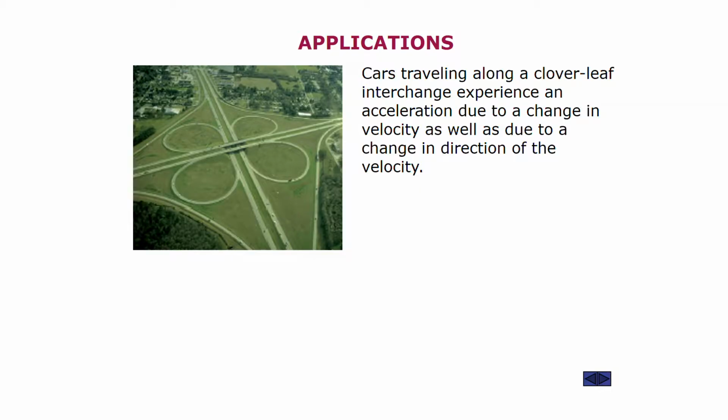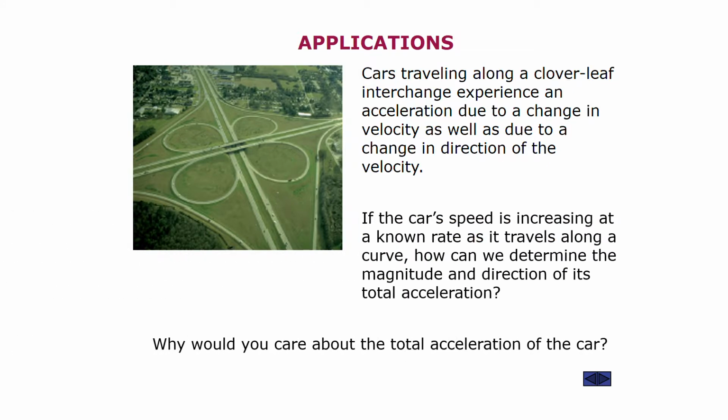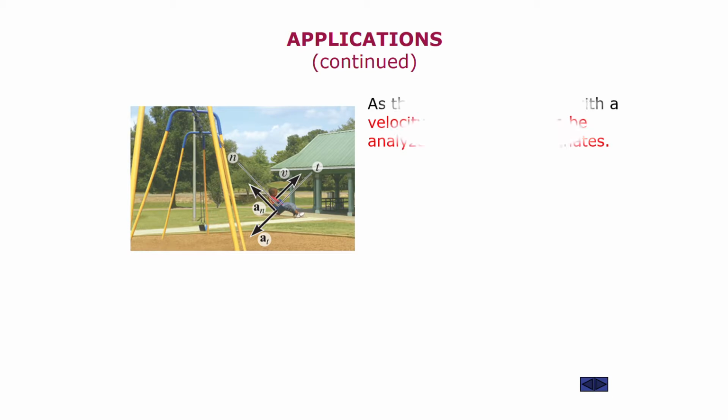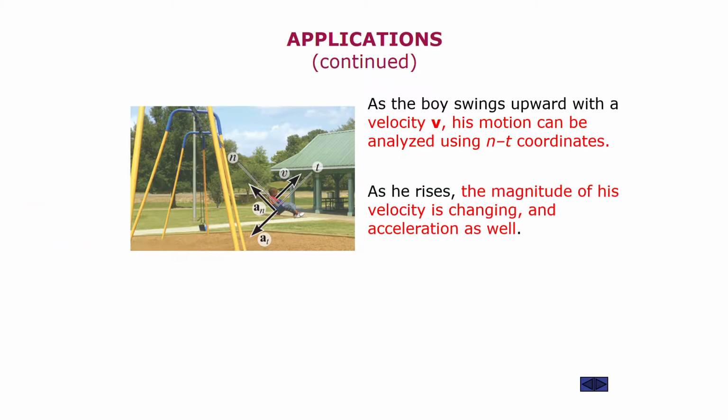So this is the first example. Then this will be the second example. You can take a look at the examples of the application of this section. Velocity v can be analyzed using n and t, where n refers to the normal component and t to the tangential component.